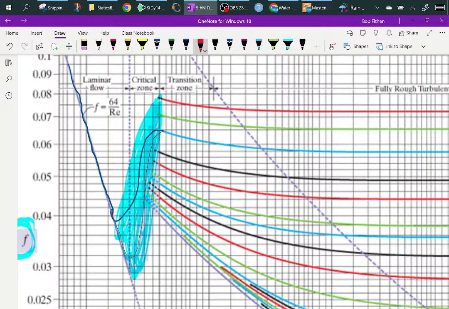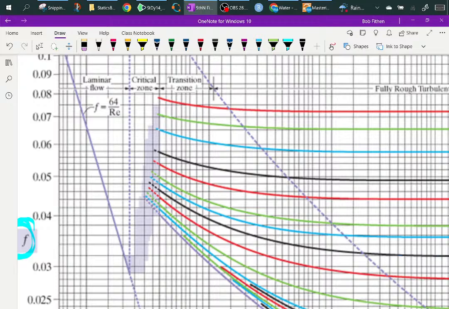What happens here is the swirls in this region become much smaller and therefore more predictable. And so you've got this transition region, which is moderately predictable. This critical zone is completely unpredictable. It's like weather behaves that same way. You turn on the weather and you predict something and it's completely different.